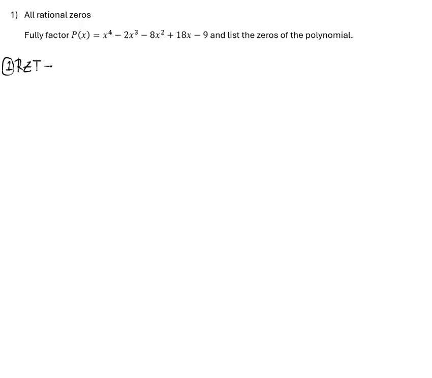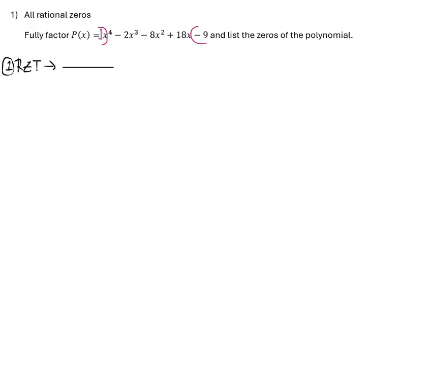What RZT does is it takes the factors of our end number and the factors of our leading coefficient, in this case a 1, and we use those to figure out what possible real solutions there are for this polynomial.